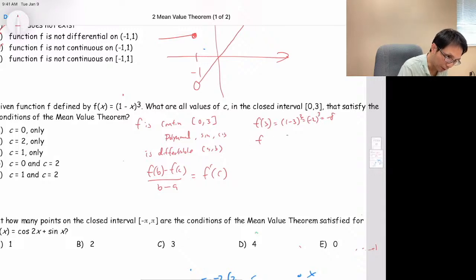And f of 0 is going to be 1. So in this case, it will be negative 8 minus negative 1 over 3 minus 0 equal to f prime of c.